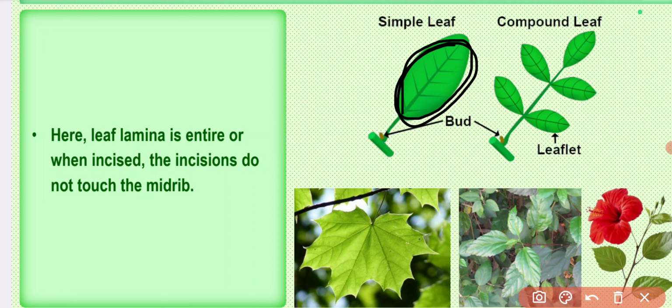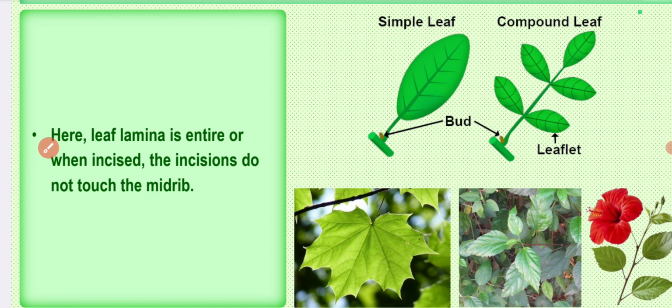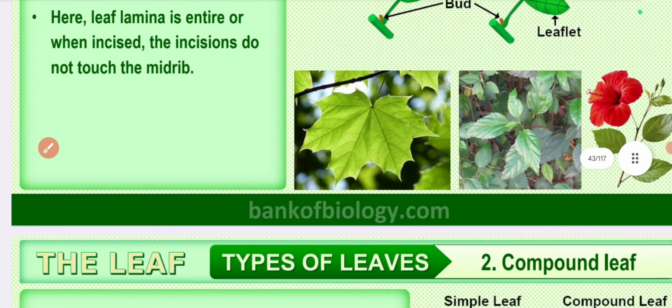And if it is incised, this portion is called incised like this. If it is incised, then the incisions do not touch the midrib. They are called simple leaves.